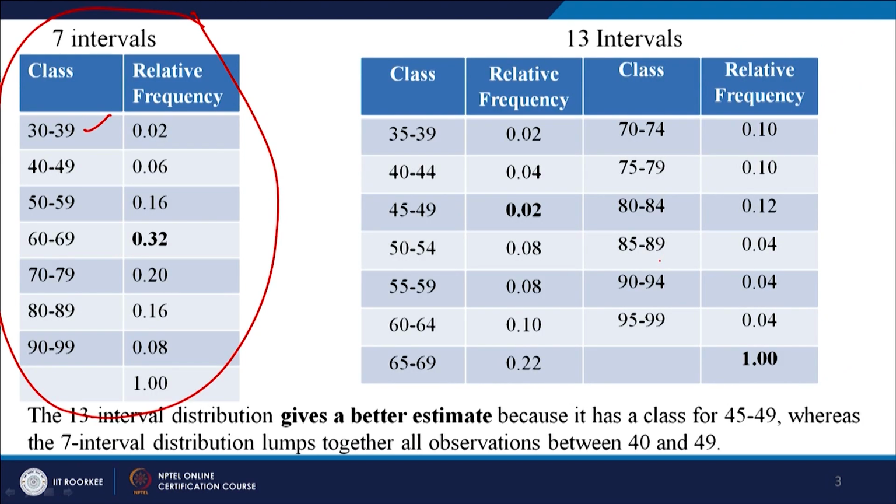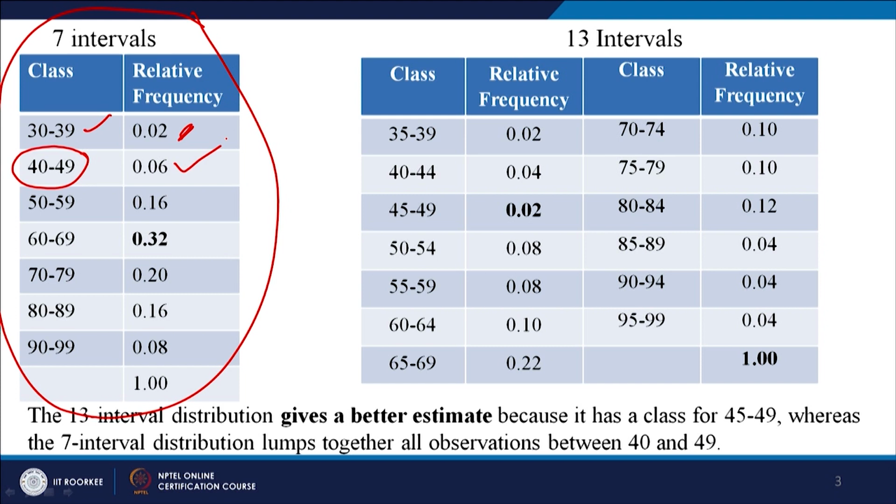So, this is the relative frequency. This is 1 by 50, is it not? So, you will get 0.02. Okay. Similarly, you should write the number of data points between 40 and 49, and those points divided by 50 will give you this value. So, in this way there are different class intervals.